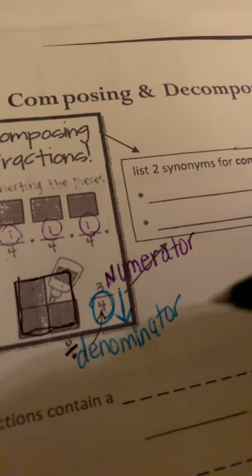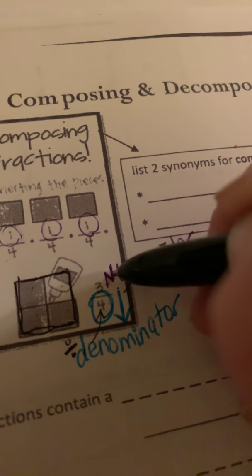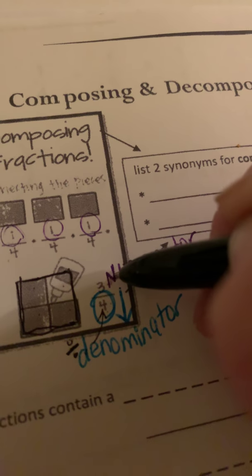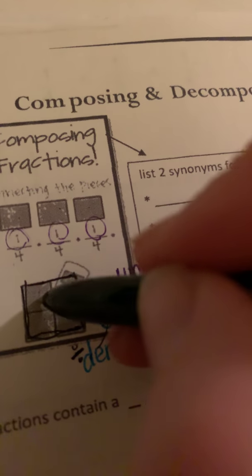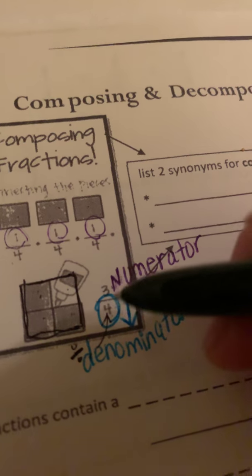Denominator is your best friend. Divided into 4. Numerator, that N sound, says, hey, know what you're looking for. Well, we're looking at the shaded, and there are 1, 2, 3. 3/4. Remember, when you are in fourths, 4, F-O-U-R, T-H-S, that T-H-S lets us know we're in parts. We're in 4 parts.